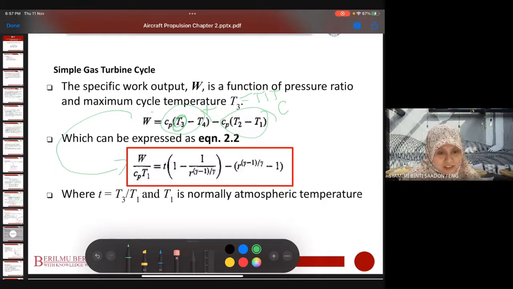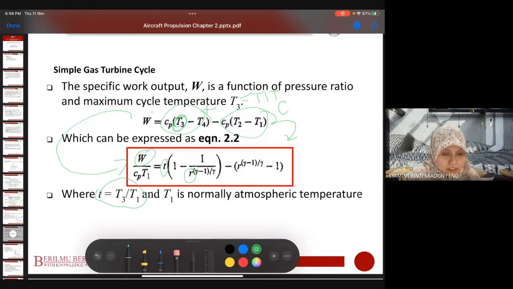So from equation 2.2 here, we can see the relation between the specific work output and the pressure ratio. Actually we modify the first equation, develop and factorize it, and produce this second equation 2.2, to link the work output with the pressure ratio R, and also with the ratio T3 over T1. Here small t is T3 over T1, not time.